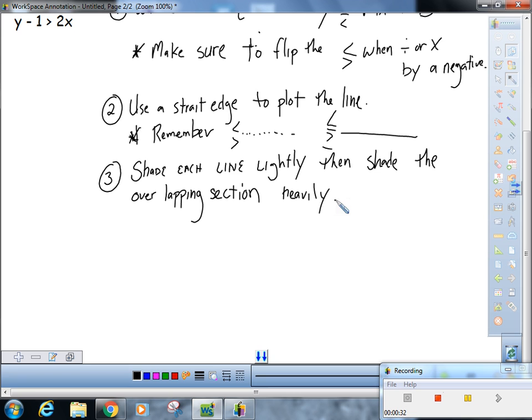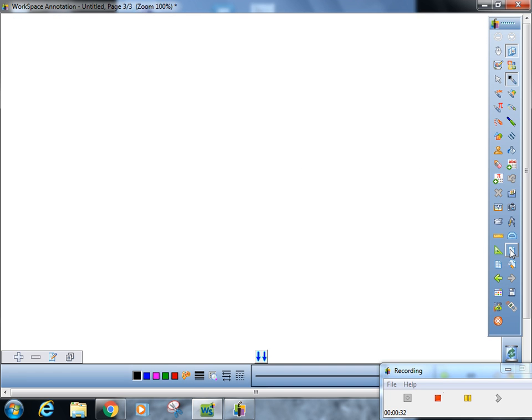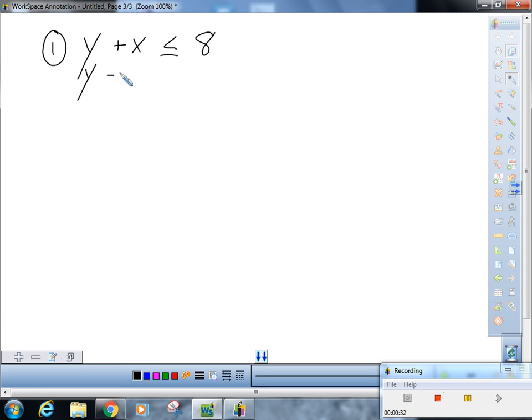Okay, so that's what we're going to do on all of these. We'll have a word problem to do. We'll start with number one, as you can see. I already typed it in there, but I'm going to give myself more room. Number one says y plus x is less than or equal to 8, and y minus 1 is greater than 2x.